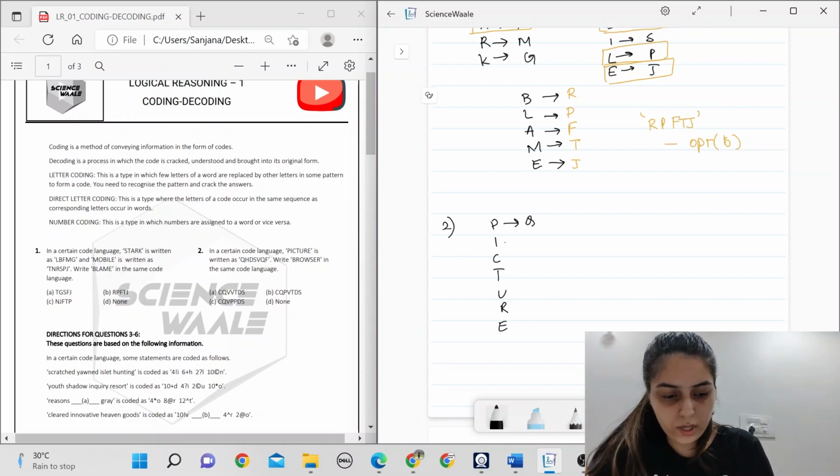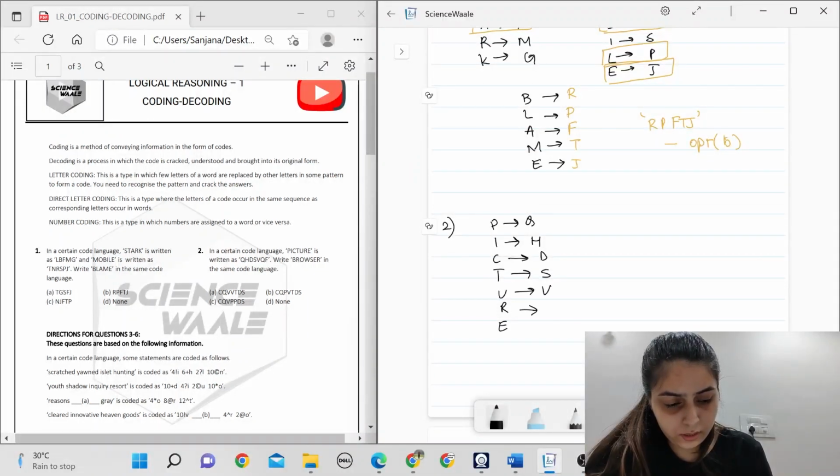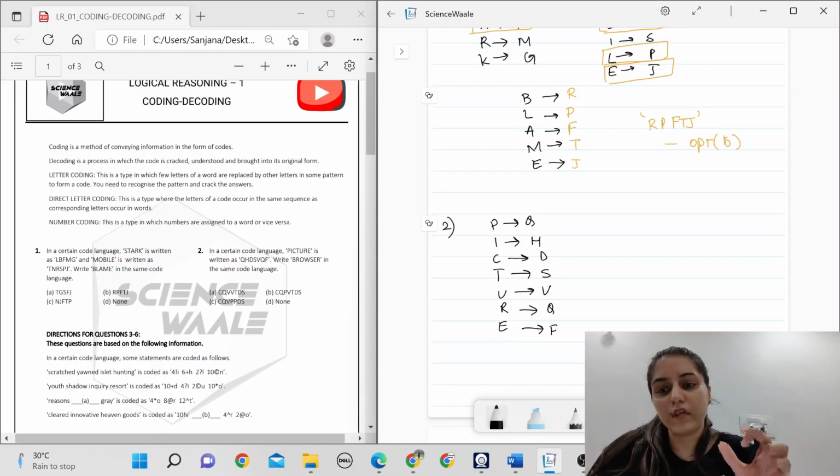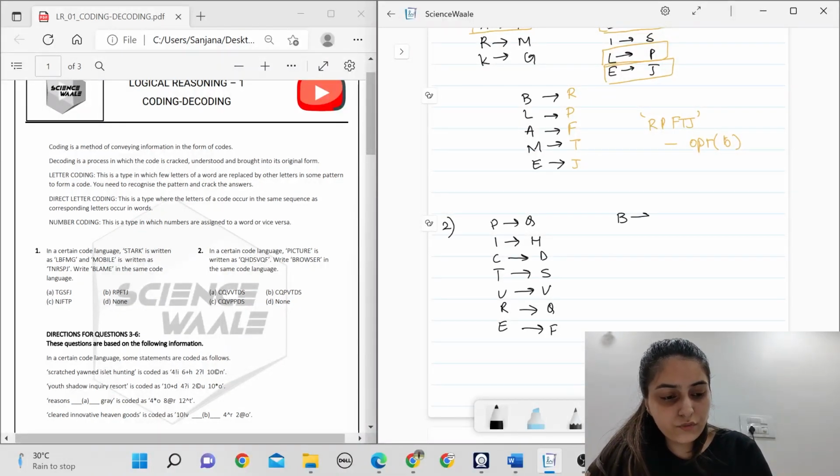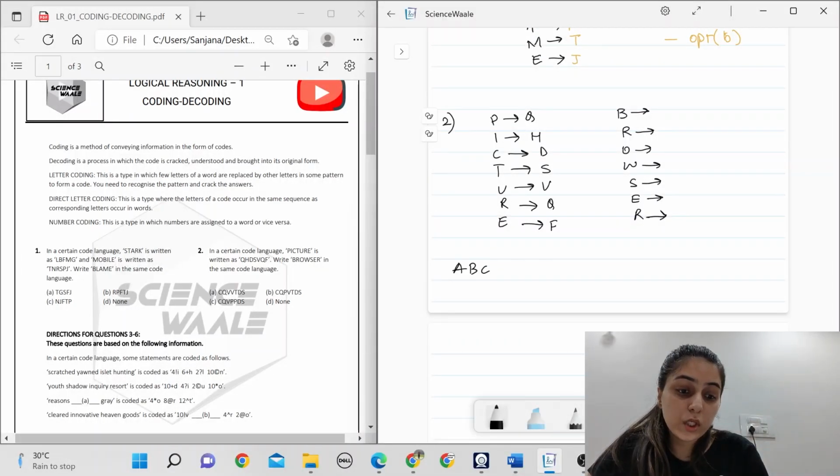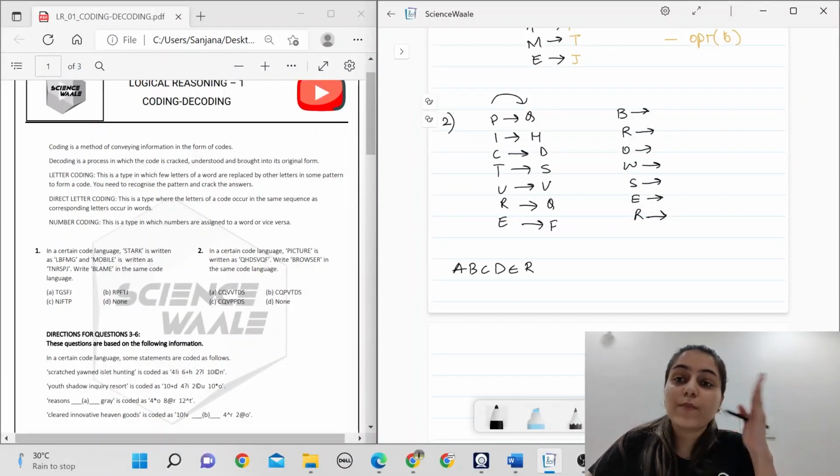P is Q, I is H, C is D, T is S, U is V, R is Q, E is F. Okay, this is a piece of information they have given to us. Now they have asked us to find out the code for browser. If we observe the codes that are given for them carefully, we observe that they are either the just preceding letter or the just succeeding letter of the given word.